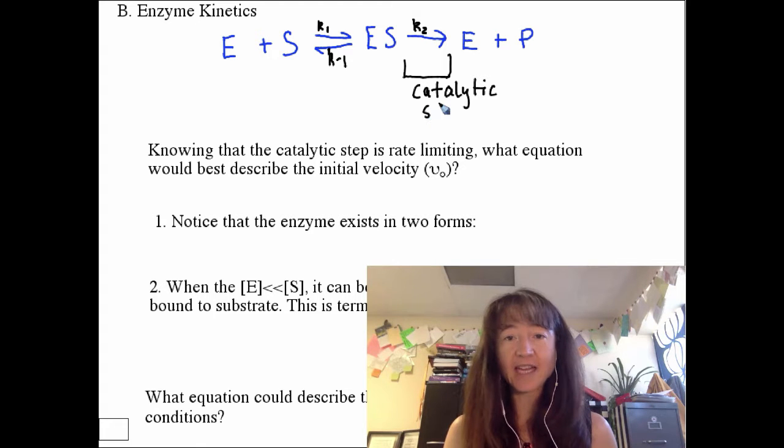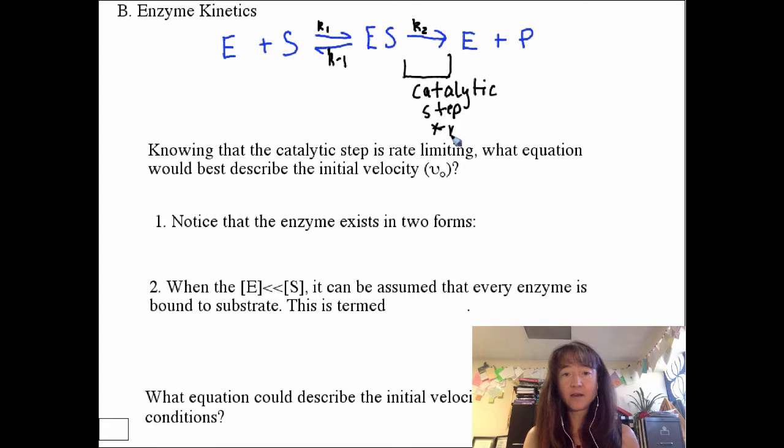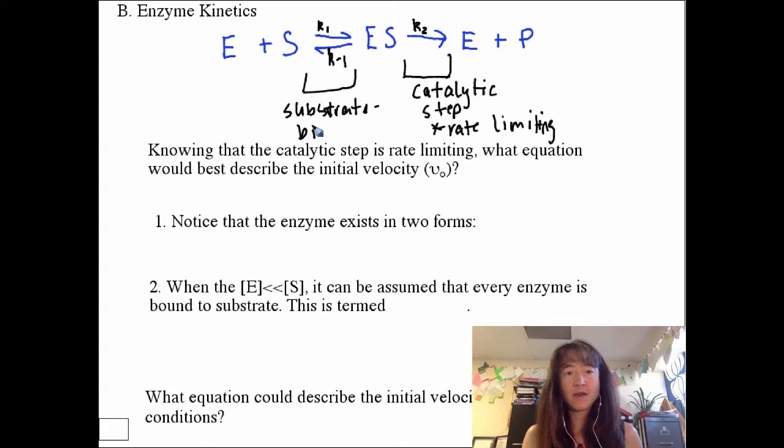So this is the catalytic step, rate limiting, this is, of course, the substrate binding step. And let's get ready, knowing which one is rate limiting, to write the rate equation.